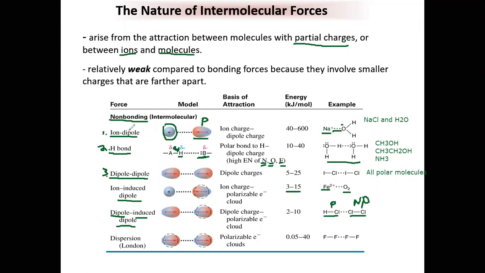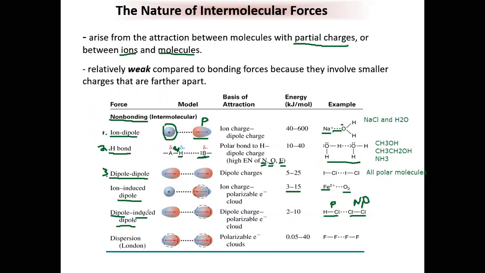Now for ion-dipole, ion-induced dipole, and dipole-induced dipole, you have to have at least two substances. For example, if we just had sodium chloride, we cannot have ion-dipole. But if we have sodium chloride and water, we have an ion-dipole interaction. Likewise, if we just had Fe2+, we can't have ion-induced dipole.